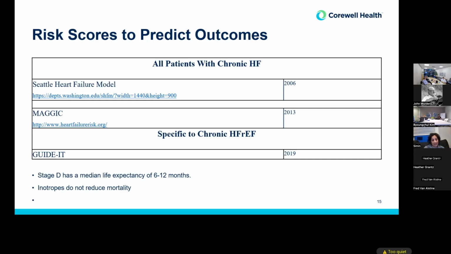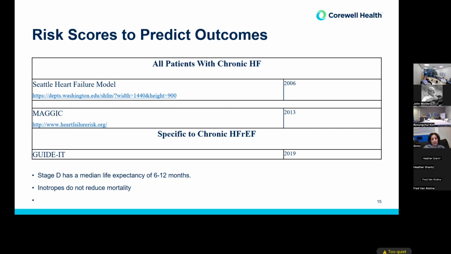But to be honest, I don't really use a model to predict the outcome. I tend to use it for more educational purposes with my patients. So if I have a patient where explaining the prognostication is a little challenging or where patients have a lot of questions, that's really when I tend to use the models.